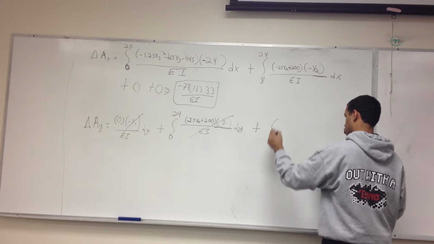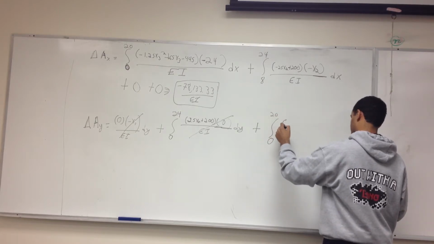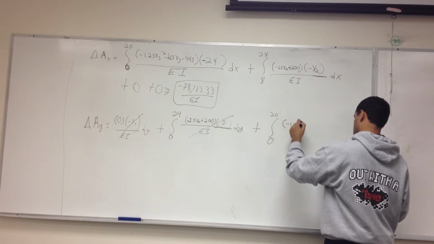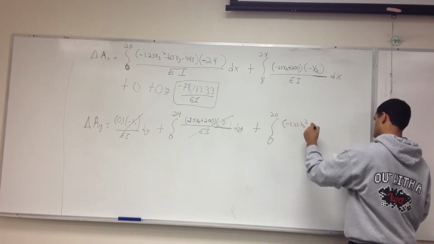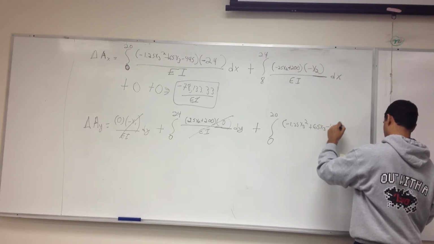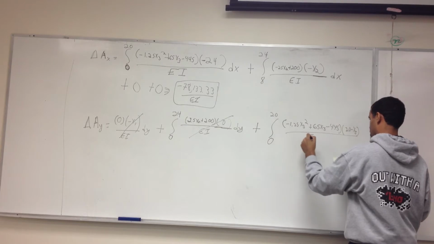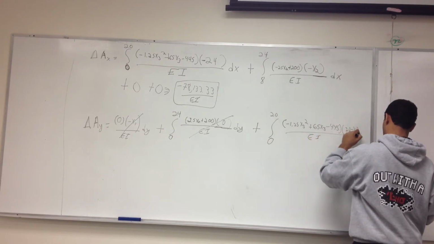So we have 0 to 20, and we take negative 1.25x3 squared plus 65x3 minus 445 times 20 minus x3 over EI times dx.